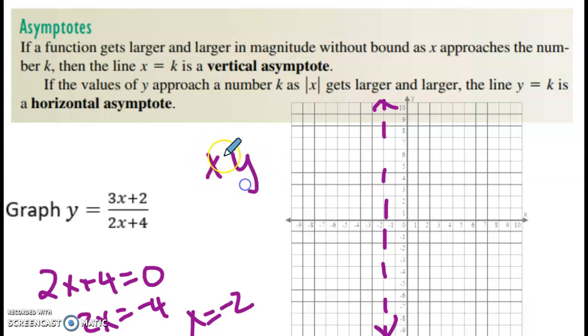The horizontal asymptote is harder to find. It says as the absolute value of x gets bigger and bigger. So first I usually just put some numbers in to give myself an idea. I might put 0 in for x. That gives me 1/2. I might put 1 in for x. That gives me 5/6.